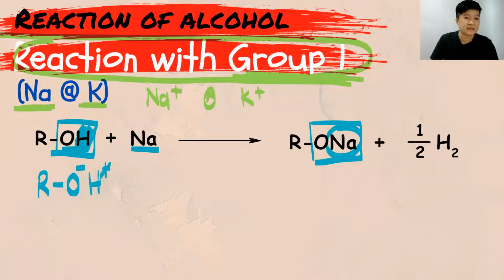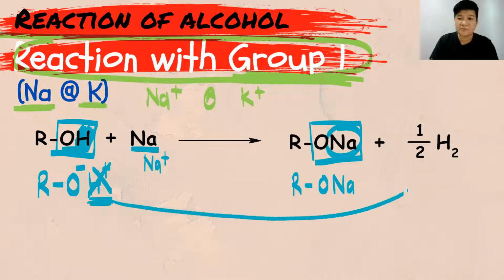So the H is removed and replaced by the Na+, the group 1 metal. That's why you form RONa. And the hydrogen that you remove will then become hydrogen gas. And that is the reaction of alcohol with group 1 metal.